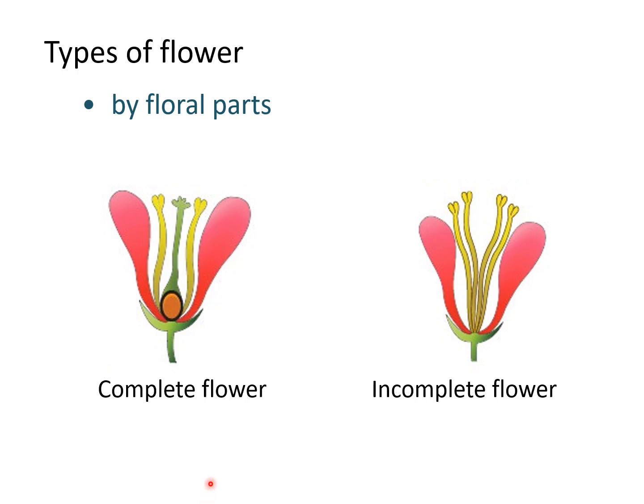The complete flower is a flower that has all four floral parts: sepal, petal, stamen, and pistil. But an incomplete flower is missing any of its parts in its natural form. From this picture, they lack the pistil. They have sepal, petal, stamen, but they don't have a pistil. So this is an incomplete flower.